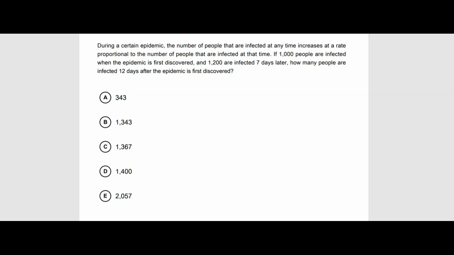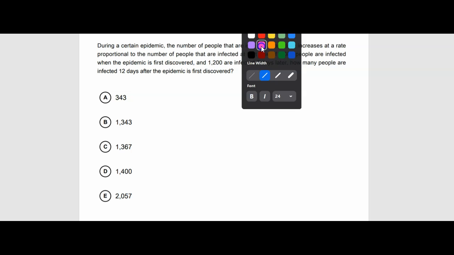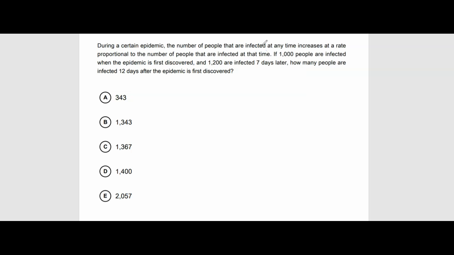All right, a lot of information here. I'm going to give you a hint in the form of what variables to use, then I'm going to let you try to work this out on your own. First, we need a variable for the number of people that are infected at any time.